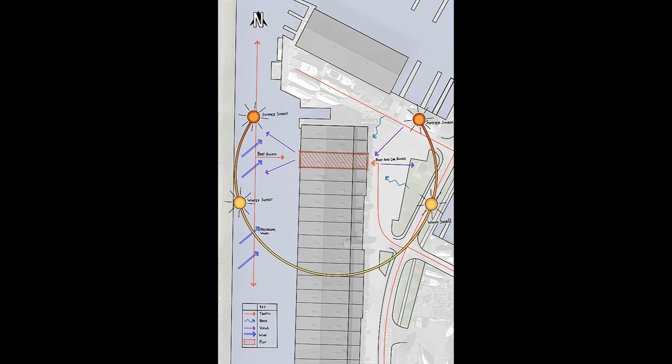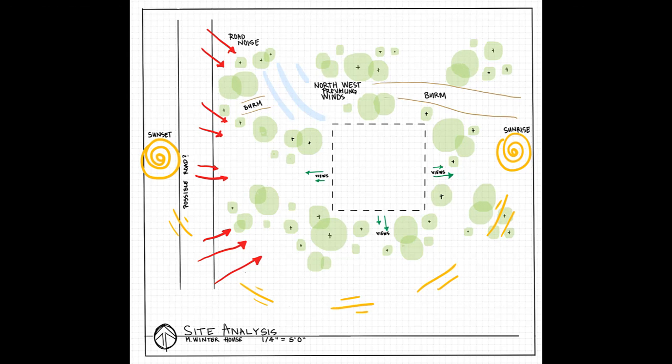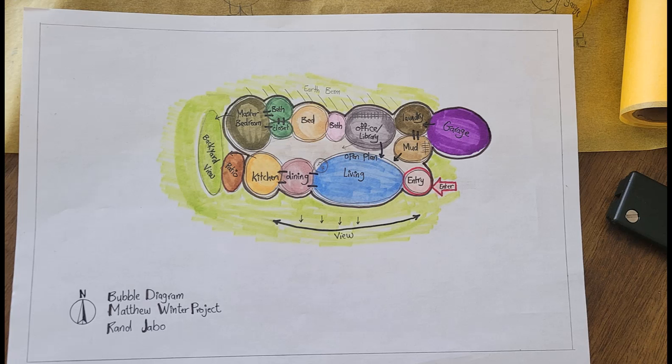These are a couple of student projects like the Macrae project, looking at some of the site analysis that we talked about, graphics, and with or without some details here on the Matthew Winters project. Looking at the elements, you've got the bubble diagrams that are examples here.